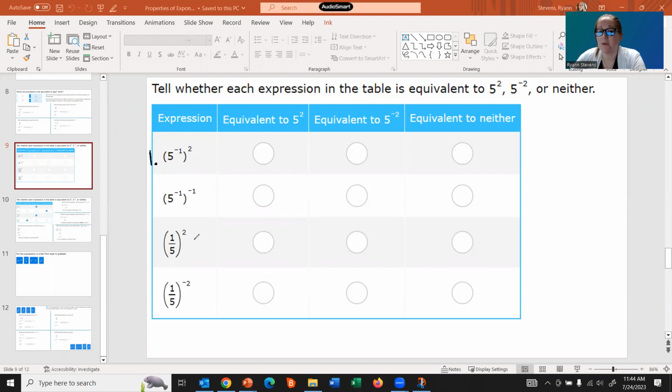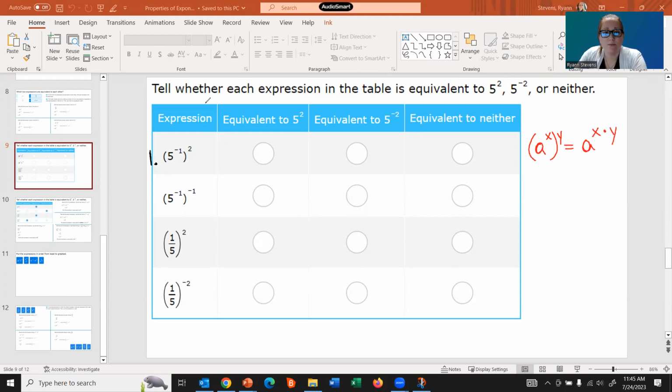So I'm going to label this as 1, just like we did before. So again, this is going to be that property where we have, and I'll write this off to the side, the power of a power property, where we have a to the x, and then on the outside we have y. And so this could be rewritten as a to the x times y.